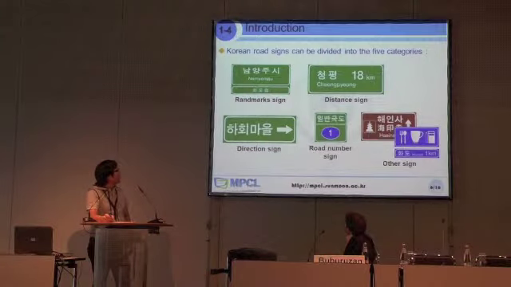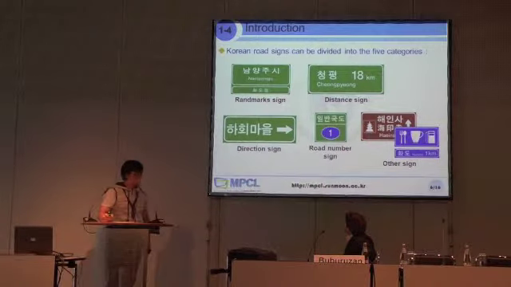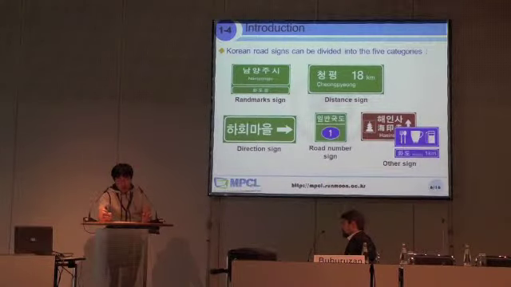Korean road signs can be divided into 5 categories: landmark, distance, direction, road number, and other. The other category includes tourist signs, rest area signs, motorway signs, and so on.